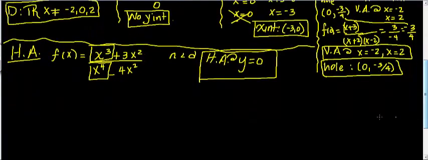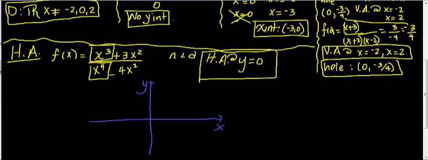When we start sketching, this is more or less what we're going to have. We're going to have our x and y axis. Here you have it, x and y. There's no y-intercept, so I don't have any intercepts there. I have an x-intercept at -3, 0. Let's say this is -3.